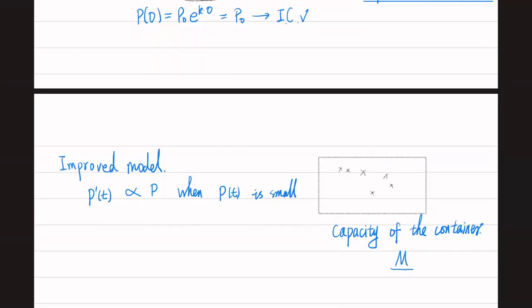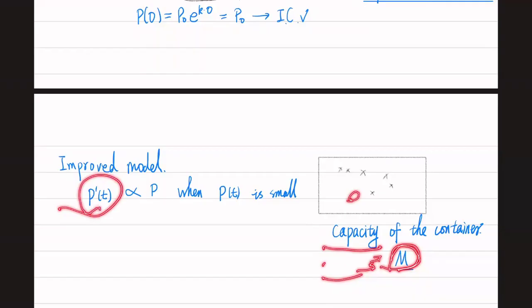Now, if our population has grown close to the capacity, then there's a severe competition that limited the food source. In any way, this will grow slower and slower.